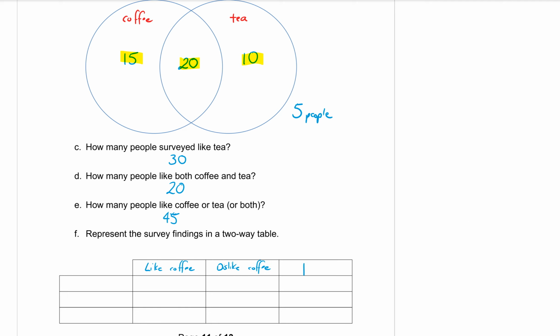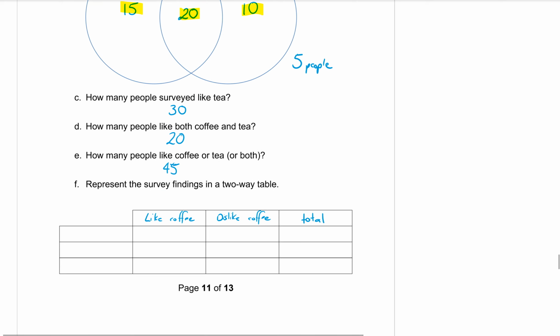This is going to be the total column here at the end. Then on these next ones down here vertically, we're going to have likes tea and dislikes tea. And down the bottom we will have the totals again.